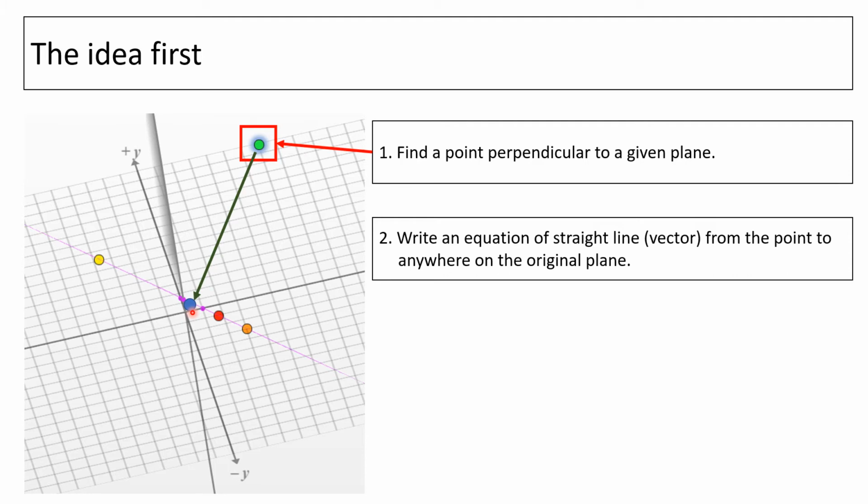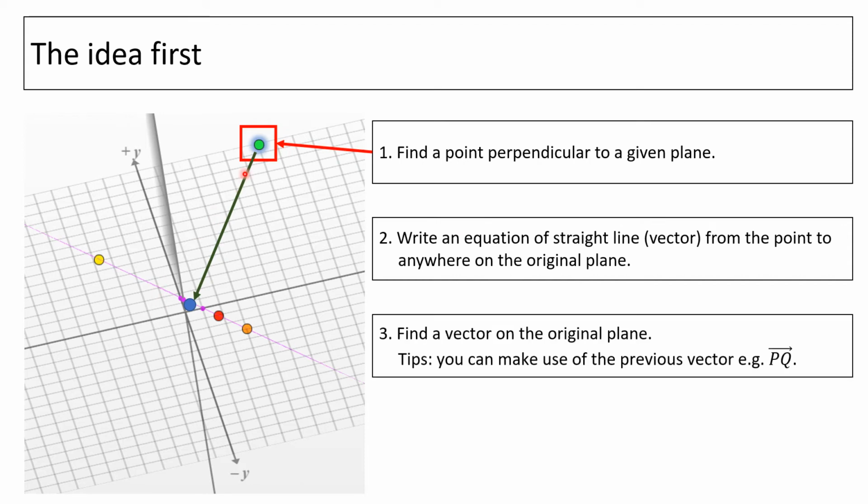The steps are easy. You just remember the vector. When you write a vector, it means you take the point that you want, let's say x, y, z, and you minus the coordinate of the point that you have here. So this is the tail, this is the head, and you take the head minus the tail. Assuming you manage to find this vector, the next step is to find a vector that is along the plane. Here we can make use of the previous example.